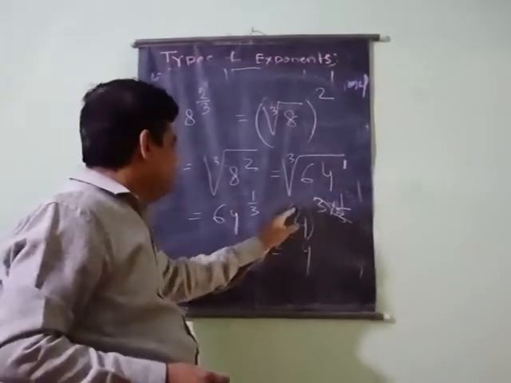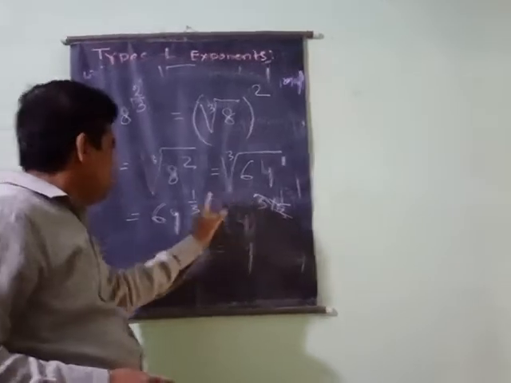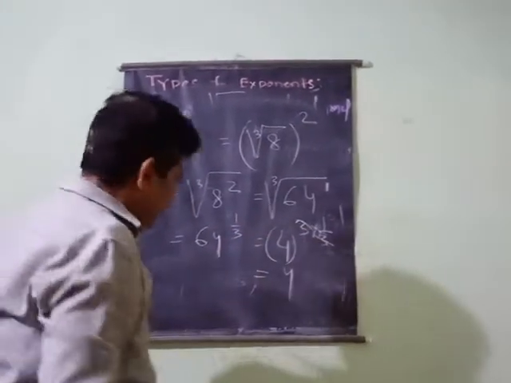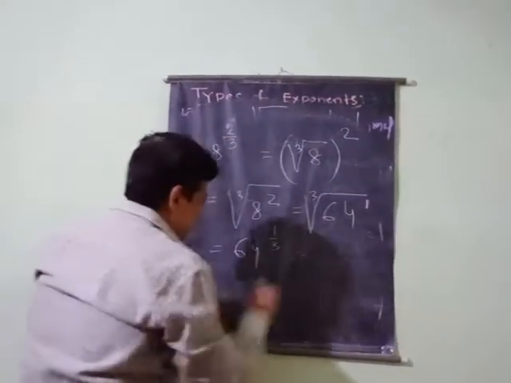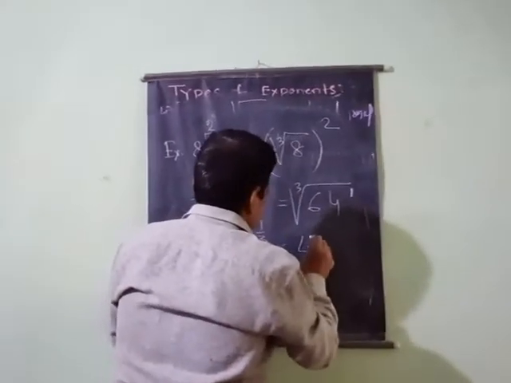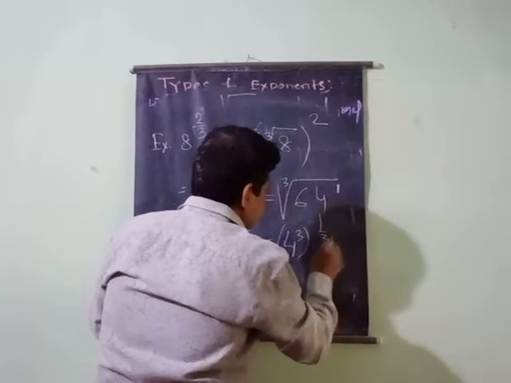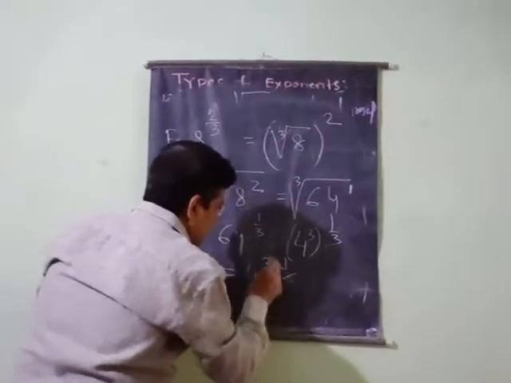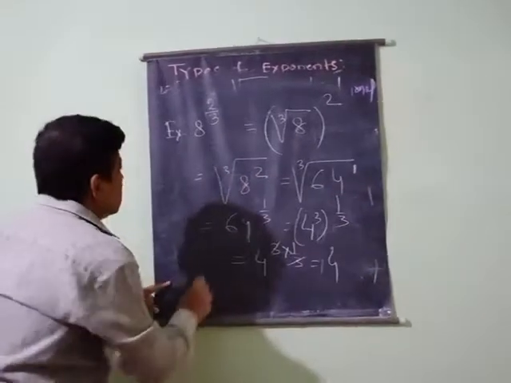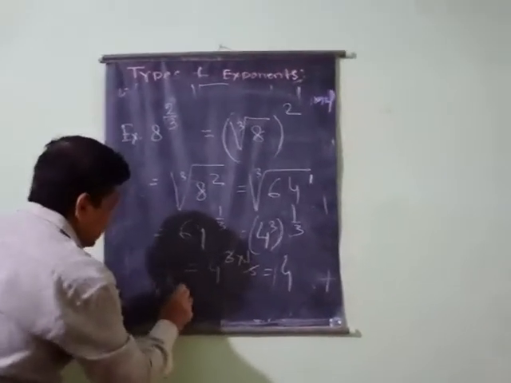So 64 can be written in the form of an exponent as 4 to the power 3. Then 4 to the power 3, to the power 1 by 3, so you multiply 3 into 1 upon 3 and it cancels. Hence 8 to the power 2 upon 3 is equal to 4.